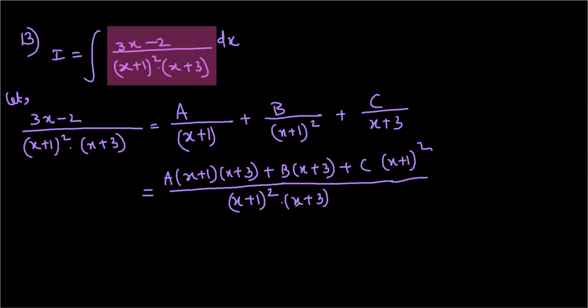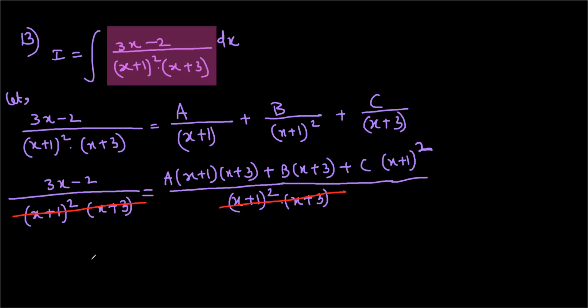Because when you divide by x plus 3, the denominator of C, x plus 3 cancels and you get x plus 1 square, which you multiply with. And in the left hand side you have 3x minus 2 over x plus 1 square into x plus 3. Now you know that these two cancel.